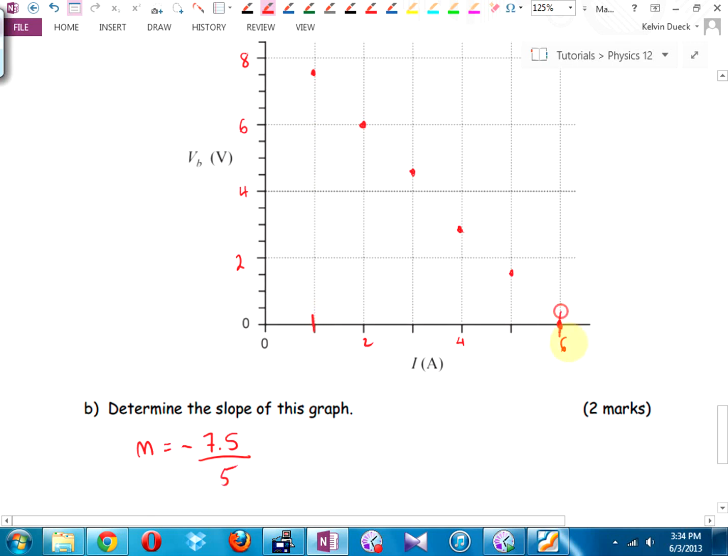From here to here. 5, not 6. And this was nice because it worked out nice and even. 7.5 divided by 5 is what? Negative... Okay. Units. Volts per amp.